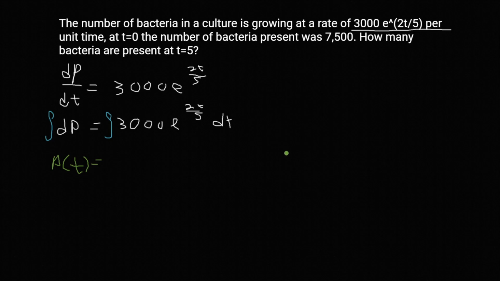And now to integrate the right-hand side. So we could do a u substitution here if we wanted. But what we could do is we know it's going to start with 3000 e to the 2/5 t, because the integral of e to the t is just that.